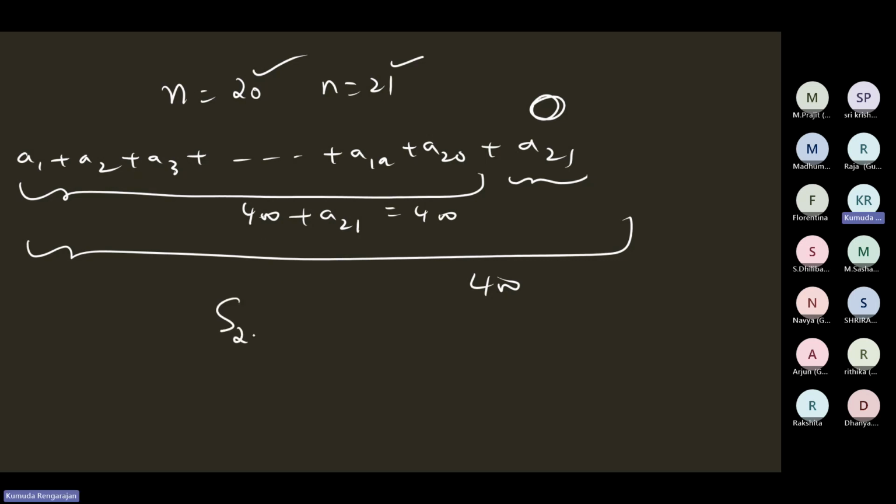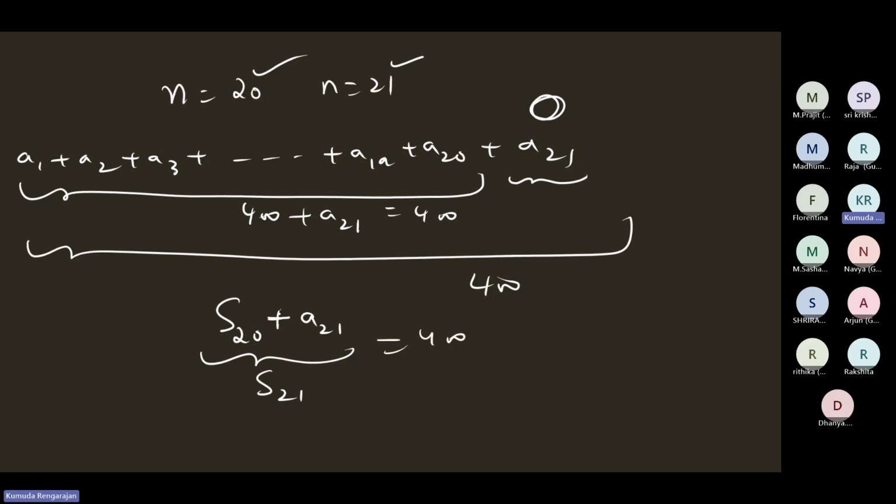To S20, if you add the next term, A21, the sum should be altered. There should be a change in the sum. S20 is 400. If you add the next term, A21, this is S21 now. There should be some difference, but no, it doesn't change, it's still 400. That's because what you've added is 0.